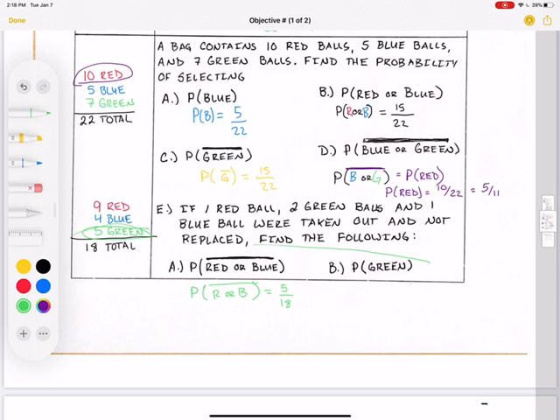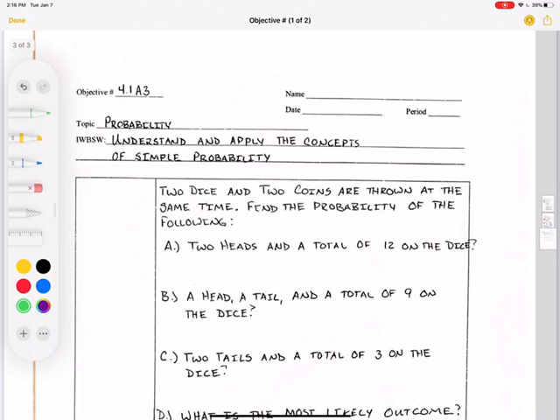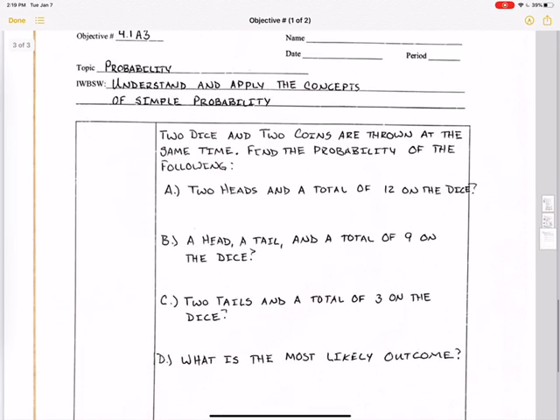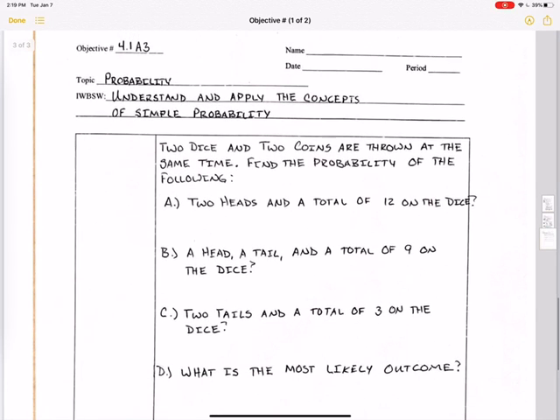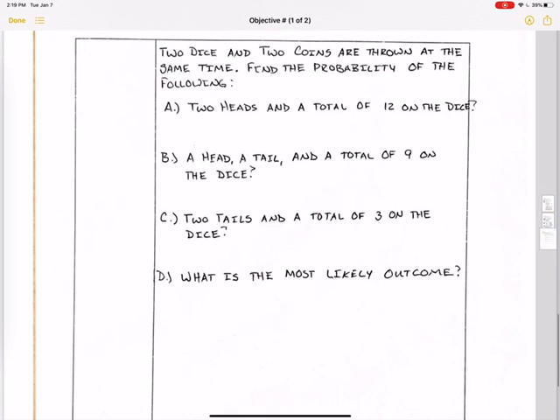And this is the exact same thing as the probability of green. All right.